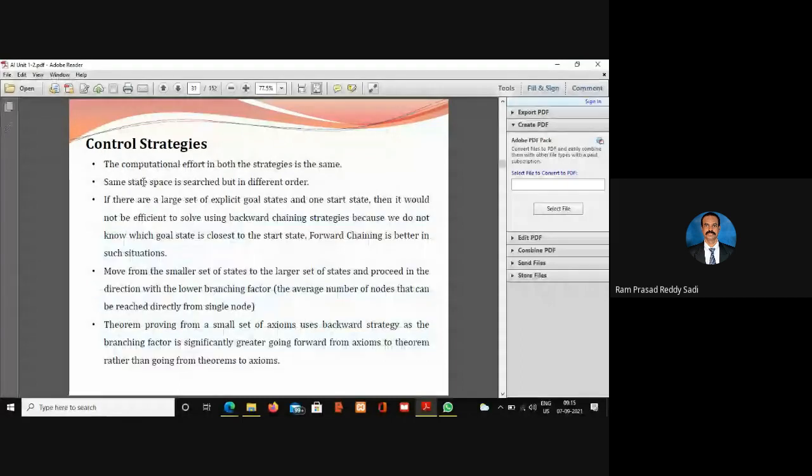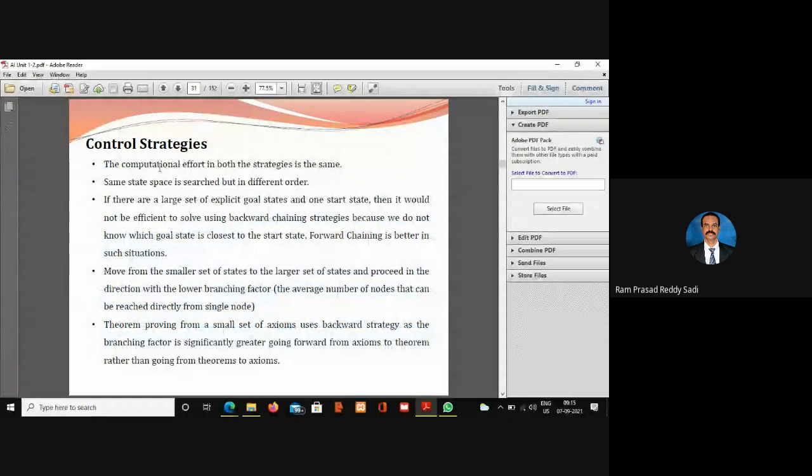You can apply either approach, the backward chaining or the forward chaining. The time consumption is more or less the same. The computational effort in both the strategies is more or less the same.